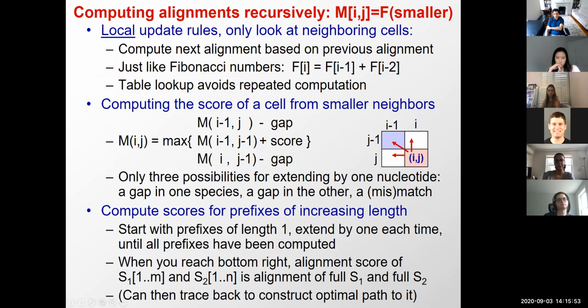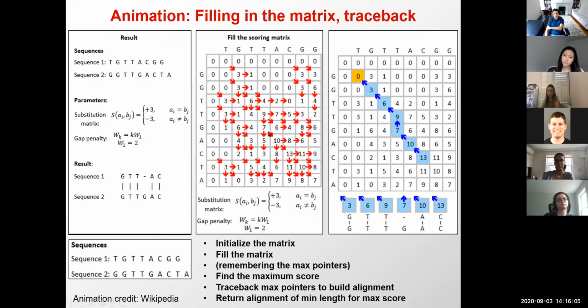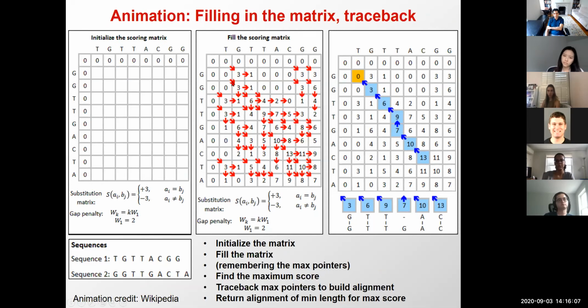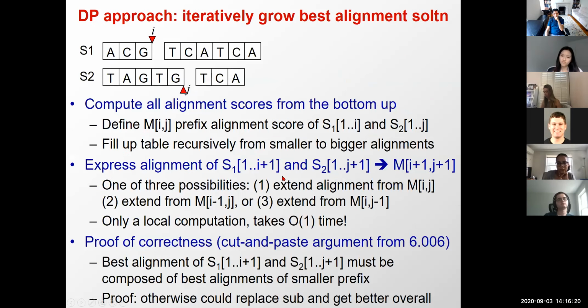And that's when we trace back to construct the optimal path by basically asking which of these 3 options gave me this maximum, okay? So if I have 13, I trace back the pointer, trace back, trace back, trace back, and this traceback gives me an alignment, because every time I move diagonally, I generate both characters, and every time I move horizontal or vertical, I generate 1 character.